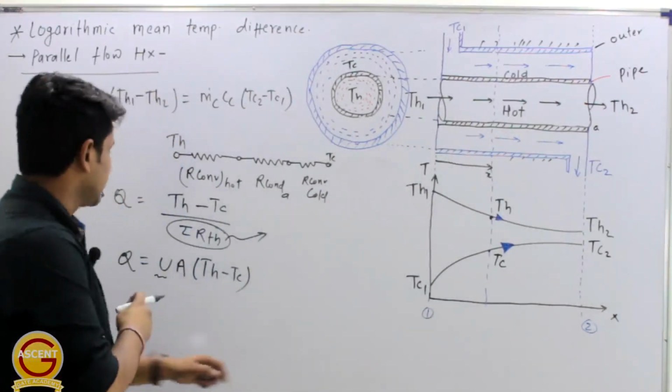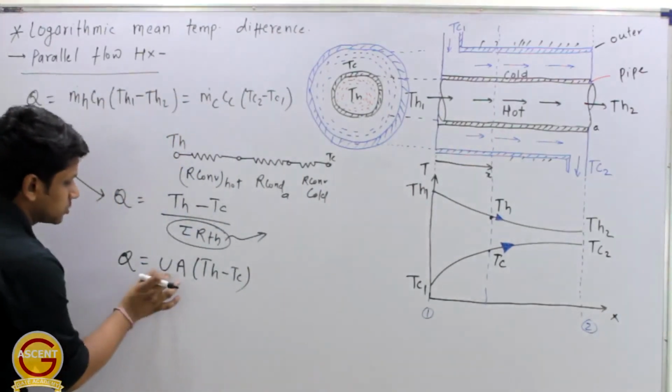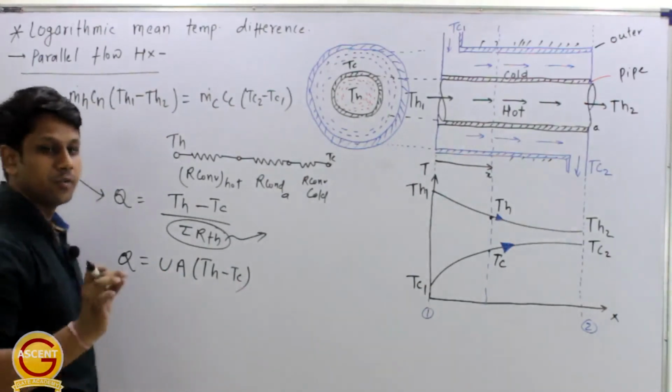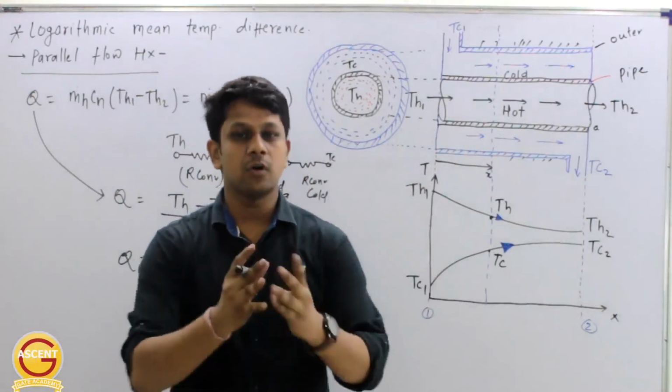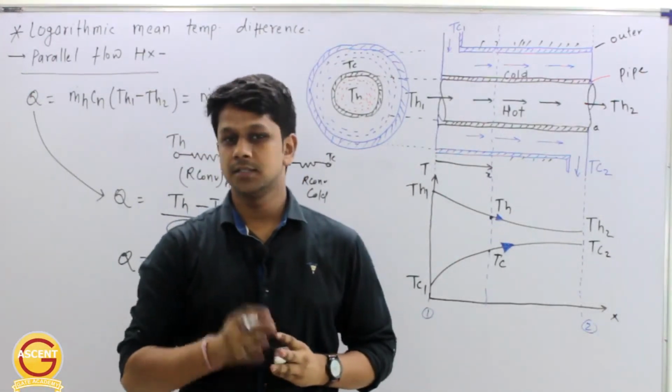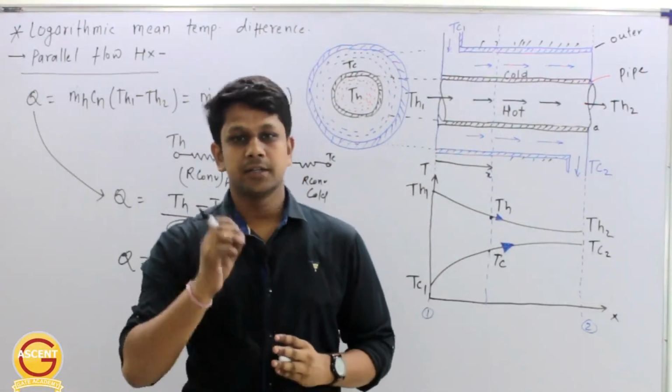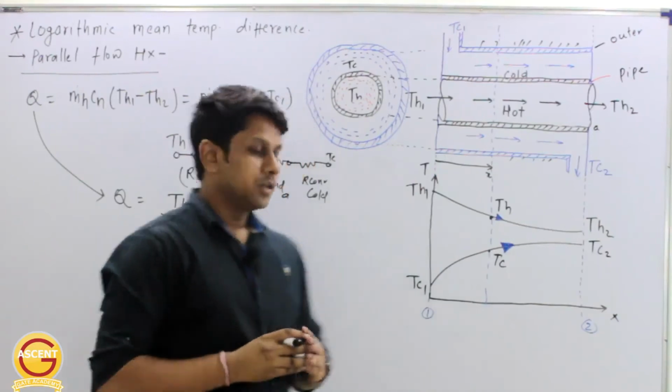That's the importance of the overall heat transfer coefficient. Whenever you are taking this U, it is considering the effects of all the resistances. This is the beauty of the overall heat transfer coefficient.